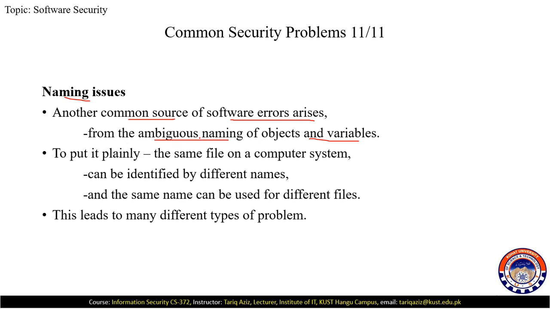Sometimes you have ambiguous names for your objects and variables, and these ambiguous names also cause security problems. How? We can say that the same file on a computer system can be identified by different names, while the same name can be used for different files. This leads to many different types of problems.